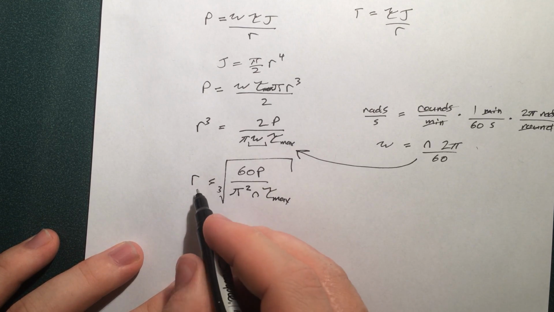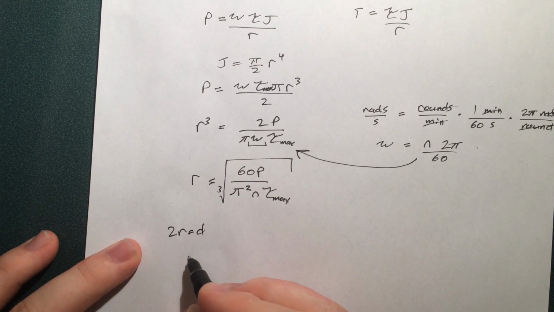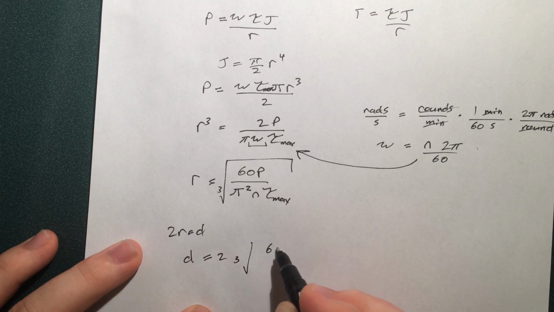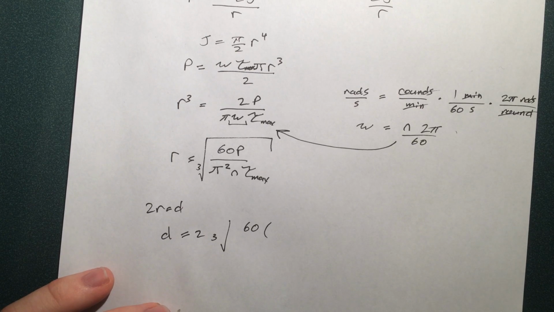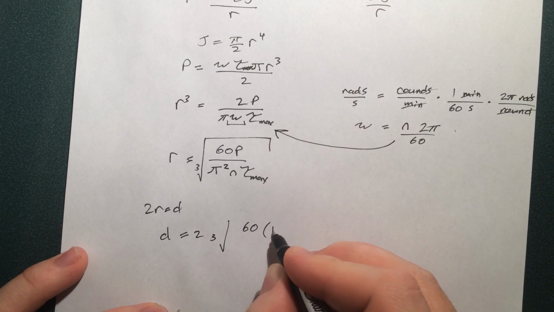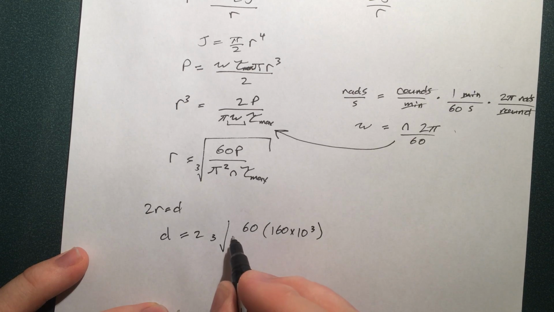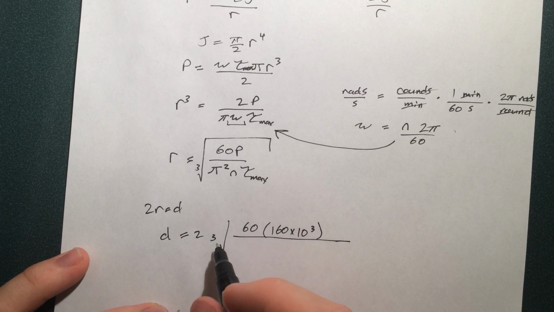R, well, we know that 2 times R is equal to D. So let's just solve this. D is equal to 2 times the cubic root of 60P. Well, it's 160 kilowatts. Kilo is times 10 to the 3. 160 times 10 to the 3. Again, putting everything in terms of its fundamental units, so we don't need to decipher what kilowatt per millimeter cubed is.